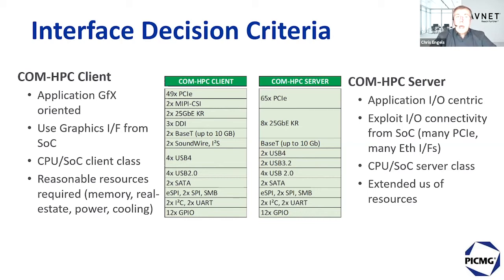But if you have applications where you have to connect many PCI Express devices and many Ethernet devices, then the COM-HPC server interface is the right choice to go with. Here you don't have the graphics interfaces, but it gives you more footprint in terms of other I/O. So this is a very fundamental decision, and I think you have to make it at a very early stage of your project and don't change it again afterwards.